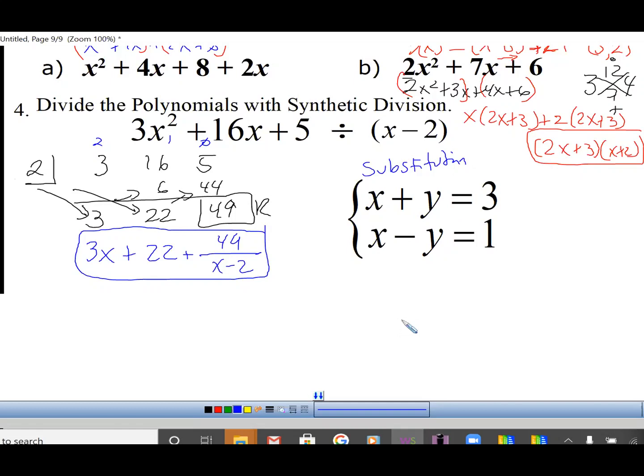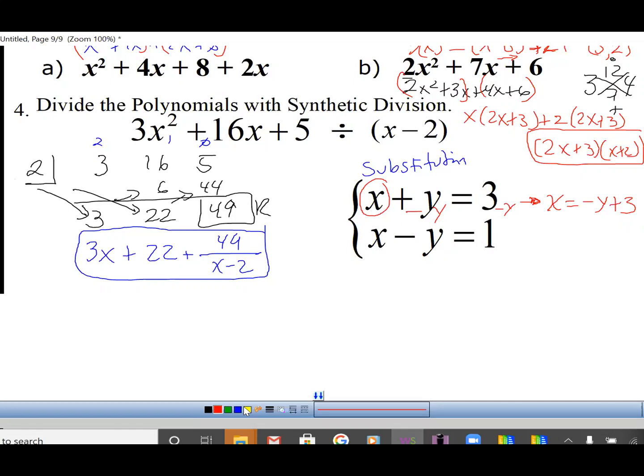Esmeralda, the top one or the bottom one? The top one. For which variable do you want to solve? X. So Esmeralda wants to leave x by itself, so that means I subtract y. So my new equation is x equals negative y plus 3.